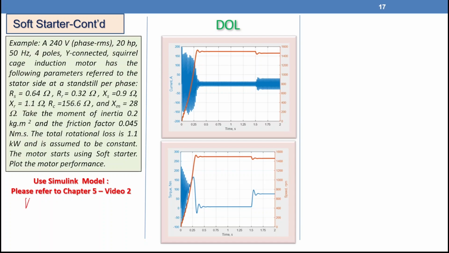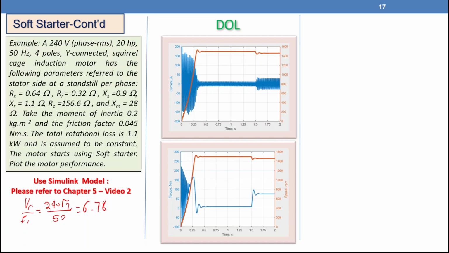So V rated over F rated equals 240 root 2 over 50. That gives you something like 6.78 as a constant. So for example, if you have a frequency of 10 Hertz, you are going to have a peak voltage of 67.8, and so on.